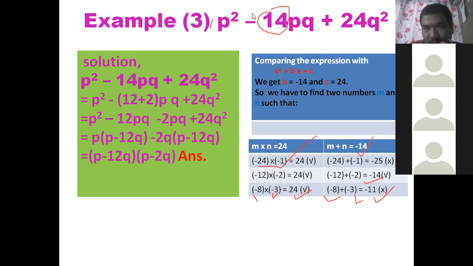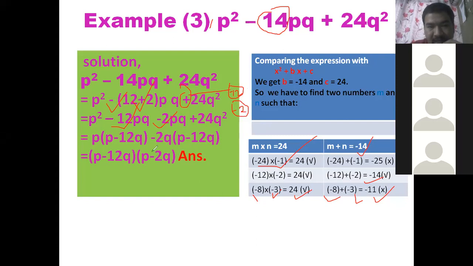When you open the bracket it will be multiplied here. Minus 12 into minus 2 makes plus 24.